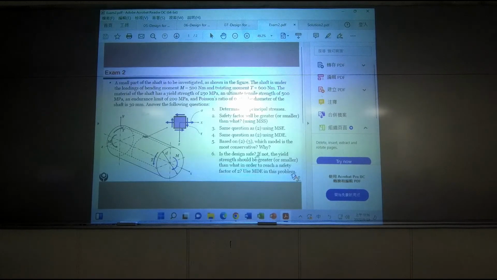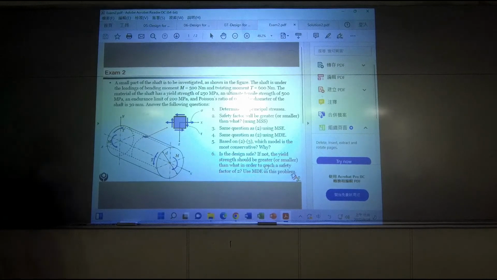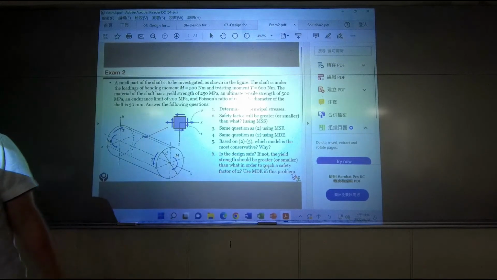So what should we do? If not, the yield strength should be greater than what? In order to reach a safety factor of 2. So when you are trying to find a greater yield strength, what does it mean? Change your material.